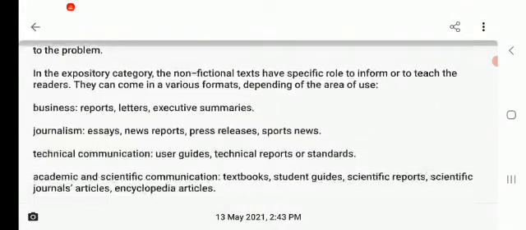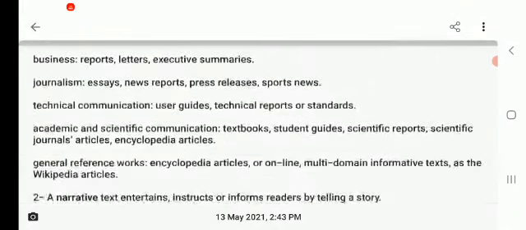Then, while writing technical communication: user guides, technical reports, or standards. Then, in academic and scientific communication: textbooks, students' guides, scientific reports, scientific journal articles, encyclopedia articles. All are very much important while writing academic and scientific communication.